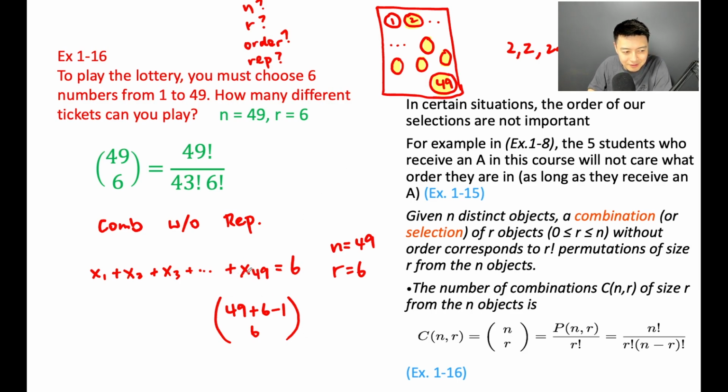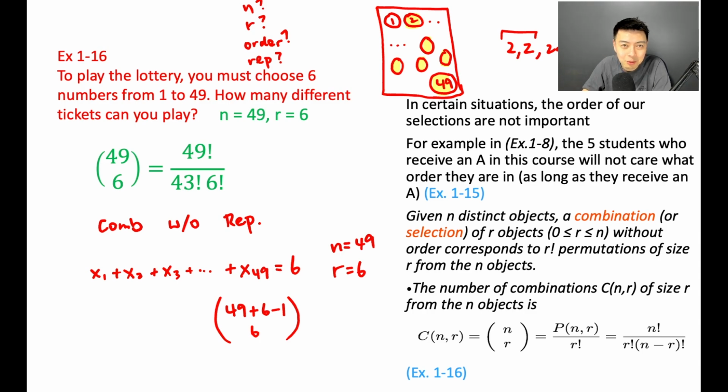In this case, the 49 people represent how many times I pick each number. For example, x1 says, how many times do I pick the number 1? x2 says, how many times do I pick the number 2? In this case, the x2 variable would give me 2, so I picked it 2 times. And then x20 would be equal to 3, and x41 would be equal to 1.